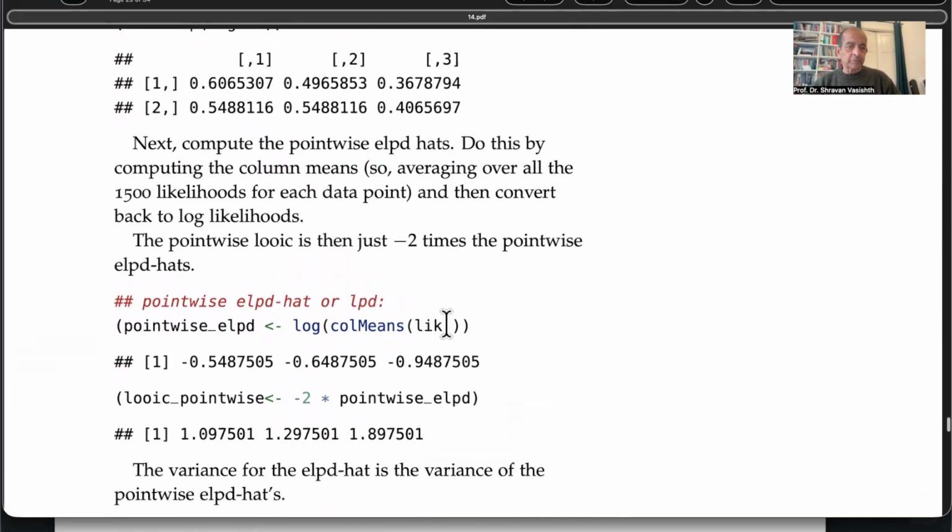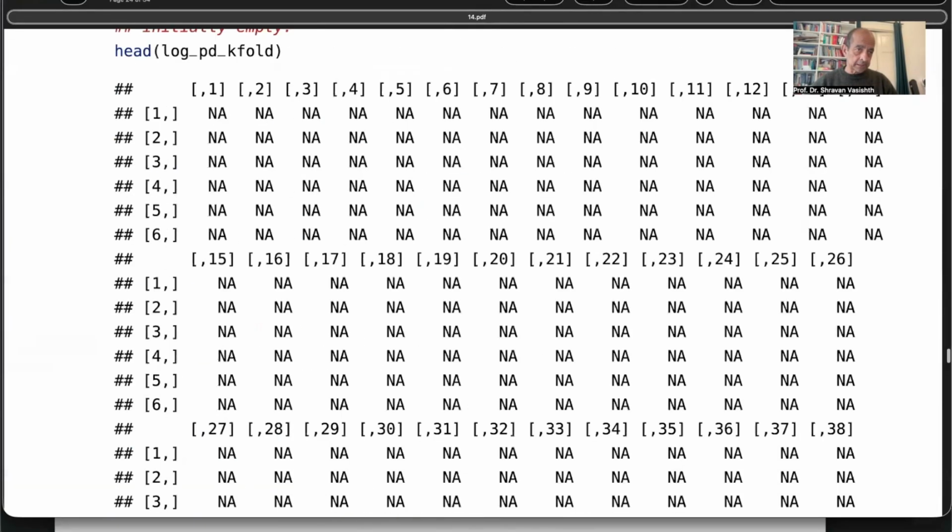Once I've computed the column means, I take the log so that I go back to the log likelihood. This is the marginalized log likelihood resulting from the calculation of the expectation, and that logging step gives me the pointwise ELPDs, what I called ELPD underscore i earlier in my equations.